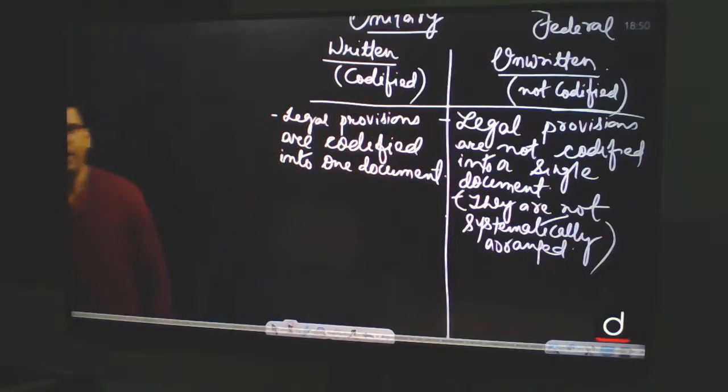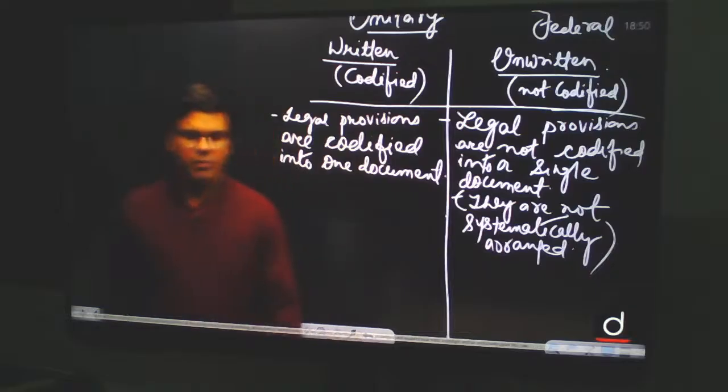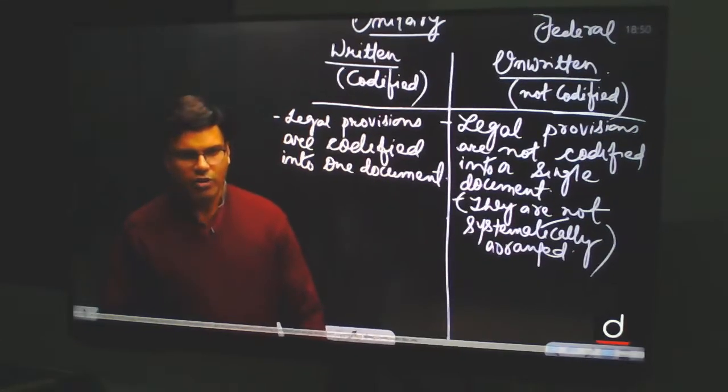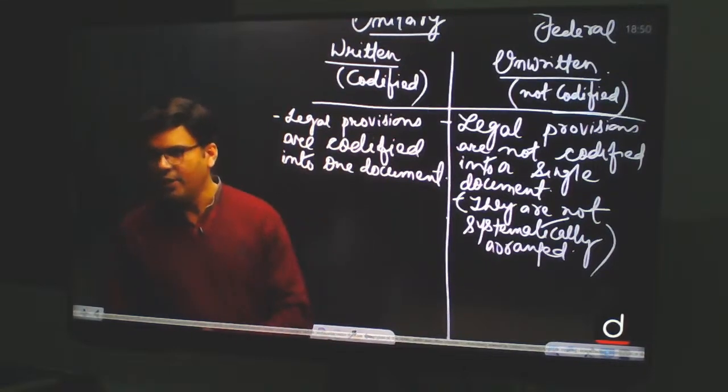That is why, even though it is also a legal document with legal provisions, they are not very well organized. While if you have a constitution, which means you have organized everything like a book.